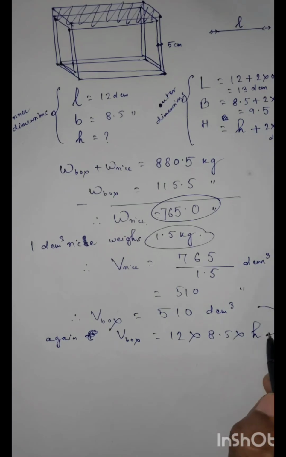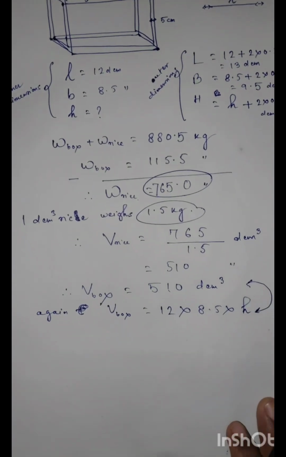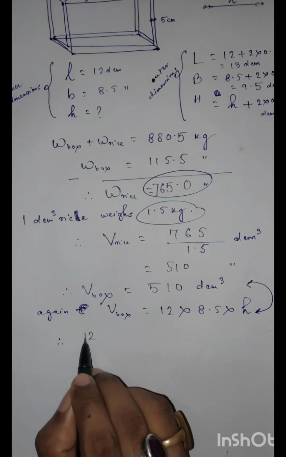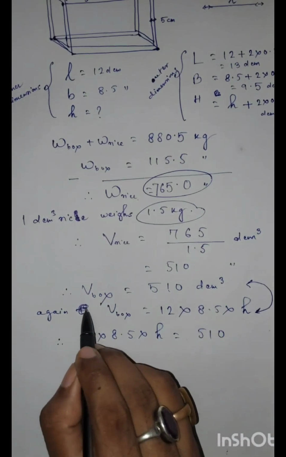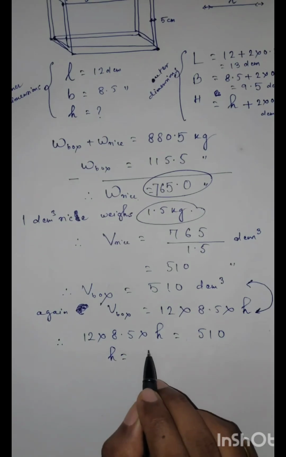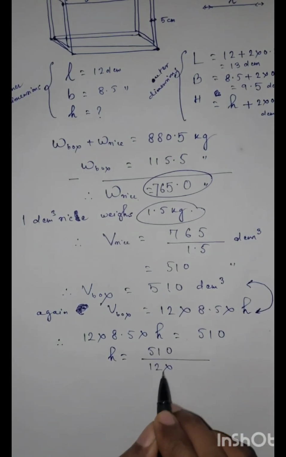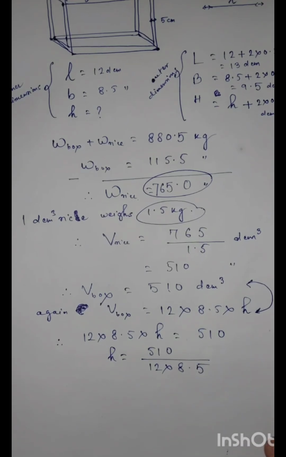So these two volumes are equal, therefore the inner height is 5 decimeter.